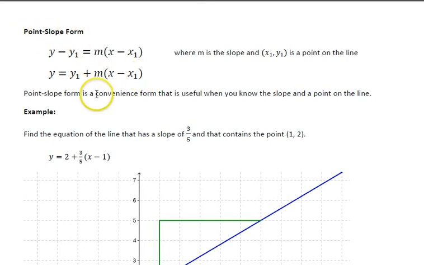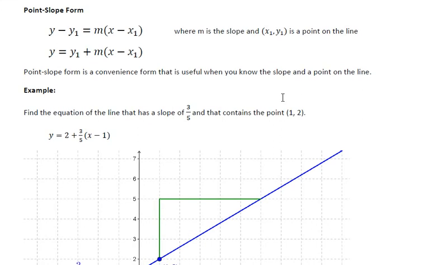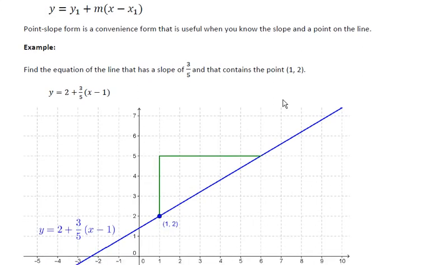This form is a convenience form that is useful when you know the slope and a point on the line. Here's an example. Find the equation of the line that has a slope of 3/5 and that contains the point (1, 2).